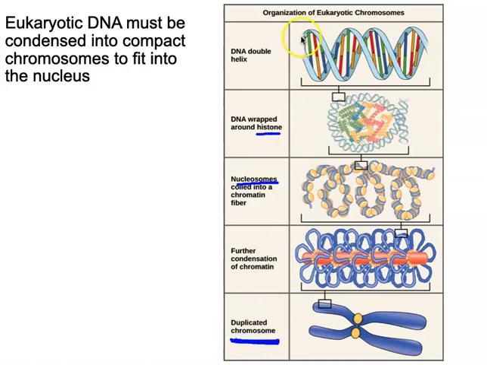But what I want to make sure you understand is it's the uncondensed form of DNA that is actually the active form of DNA. The only time we actually see this is when we are going to move it. It's the only time you actually see condensed nuclear material.